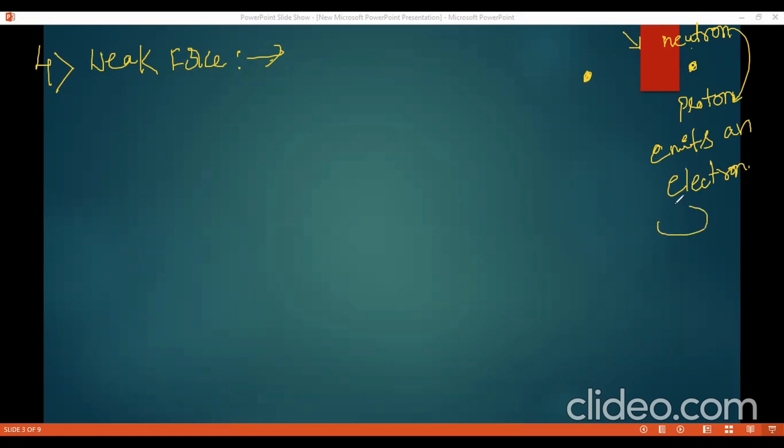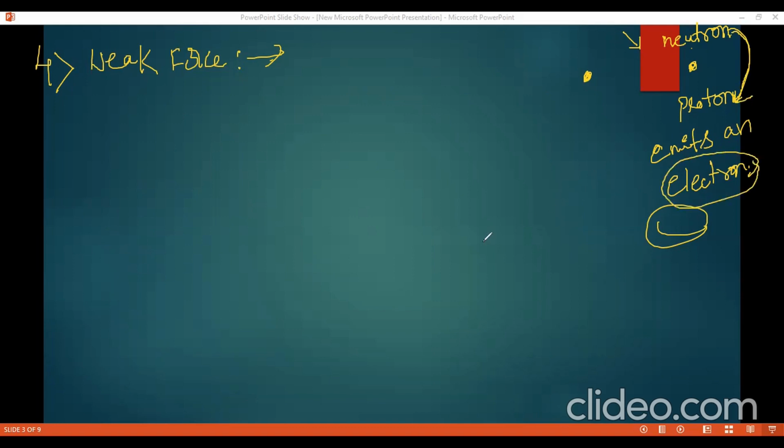So whatever the new particle we get, what happens? It acts between two particles, meaning any kind of small particles. Under this action, a neutron can be converted into a proton by emitting an electron.